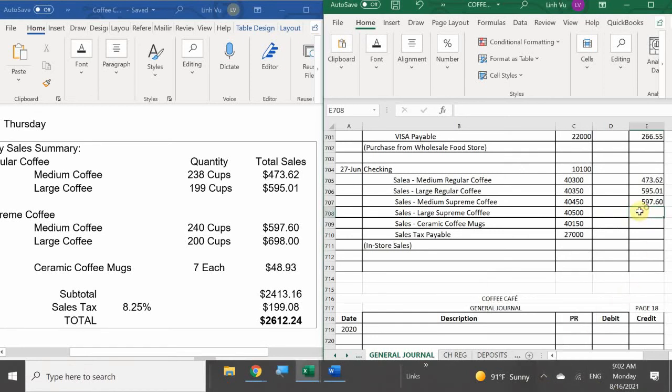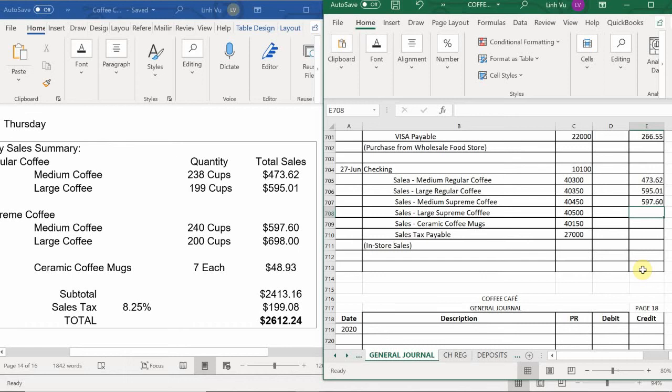Supreme large, $698 even. Our coffee mugs are $48.93. And sales tax payable is $199.08.